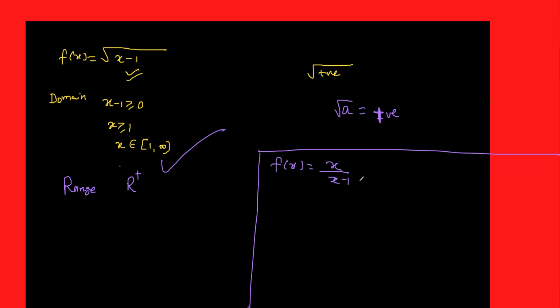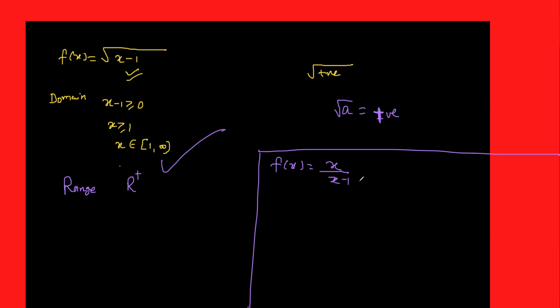Tell me what is domain? Domain is all real numbers. Can you put 1? But the denominator becomes 0, so you cannot put 1. Other than 1 you can put anything, right?